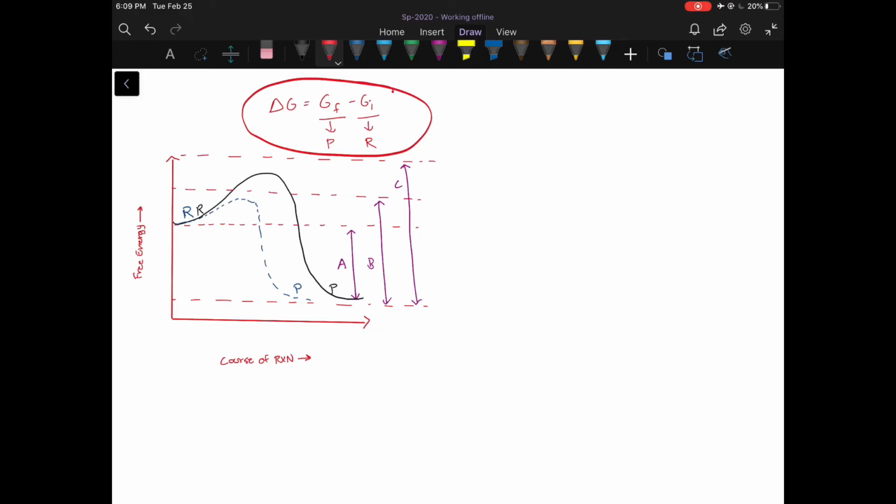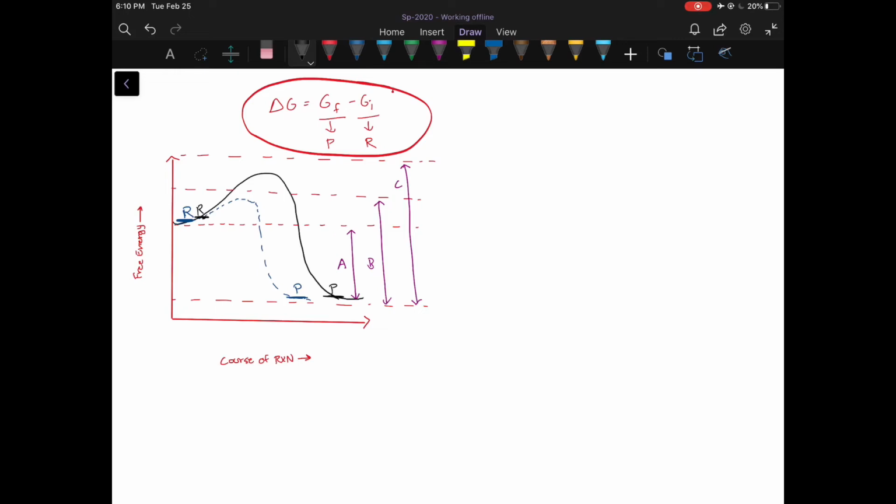G final is our product and G initial is our reactants. If we label our products and reactants for both the blue reaction, reactants up here and products down here, and then for the black, reactants up here and products down here.